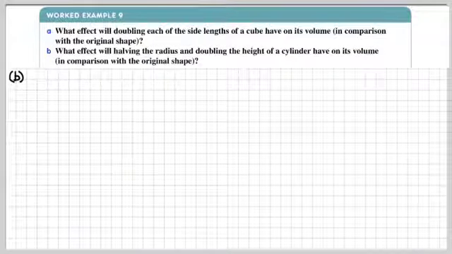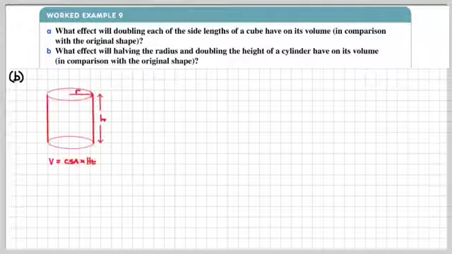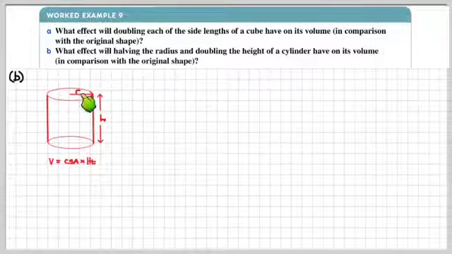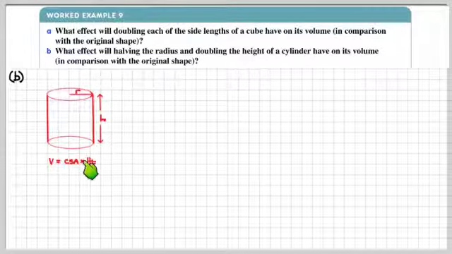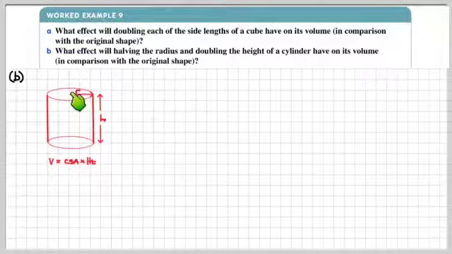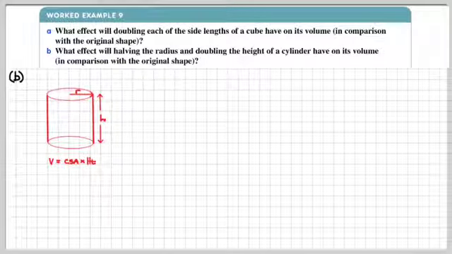Now, for B, what effect will halving the radius and doubling the height of the cylinder have on its volume? Well, we'll do it exactly the same way in comparison to the original shape. So let's draw an original shape. We'll call the radius R, we'll call the height H. So the volume of that thing is the cross-sectional area, which is the circle, the uniform cross-section, pi r squared times little h.